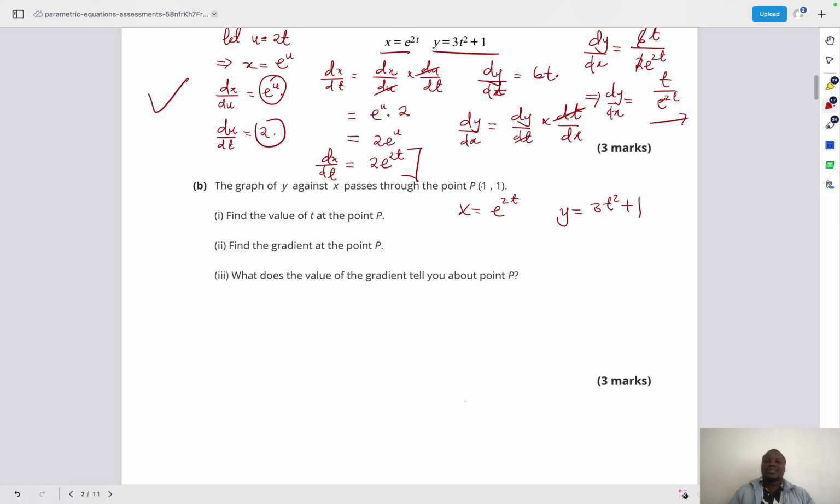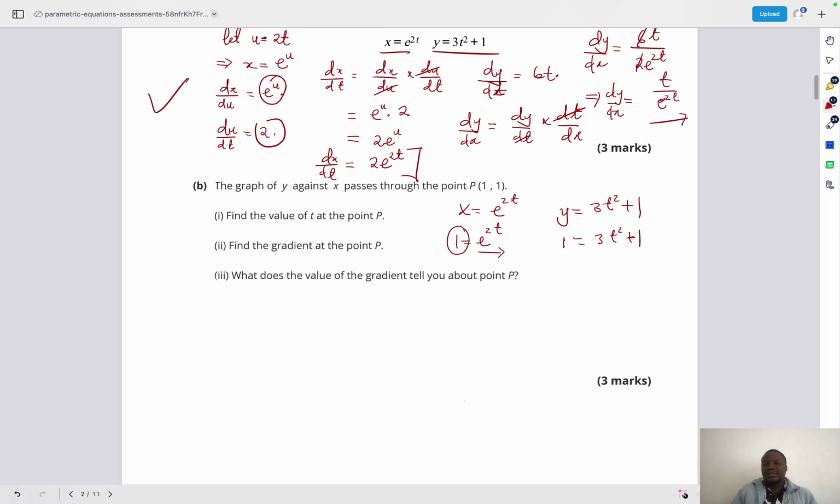Since this point gives us x and y, if we substitute x here, we've got 1 equal to e^(2t). And if we substitute y here, we've got 1 equal to 3t squared plus 1. You can do it two ways.